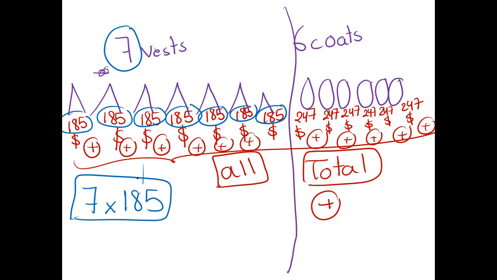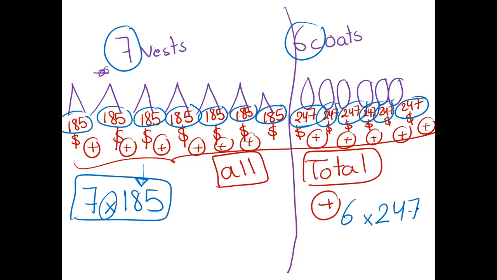So if we are repeating the same number several times, instead of adding, we can multiply. And here the same, if you look, 247, 247, 247. How many times are we repeating this number? 1, 2, 3, 4, 5, 6 times. Instead of adding them several times, we can do 6 times 247.